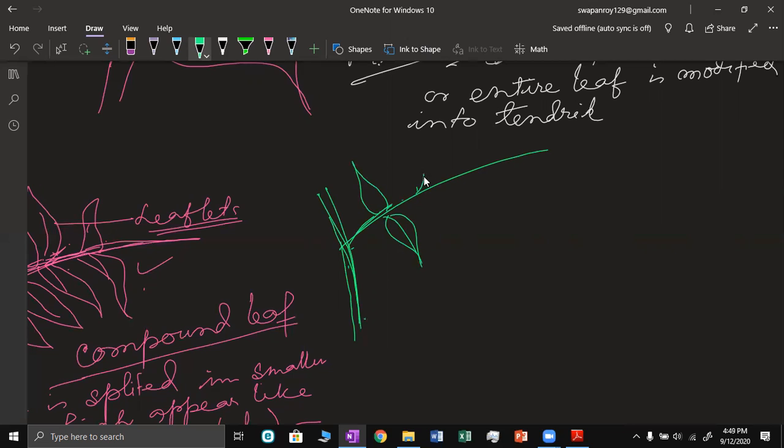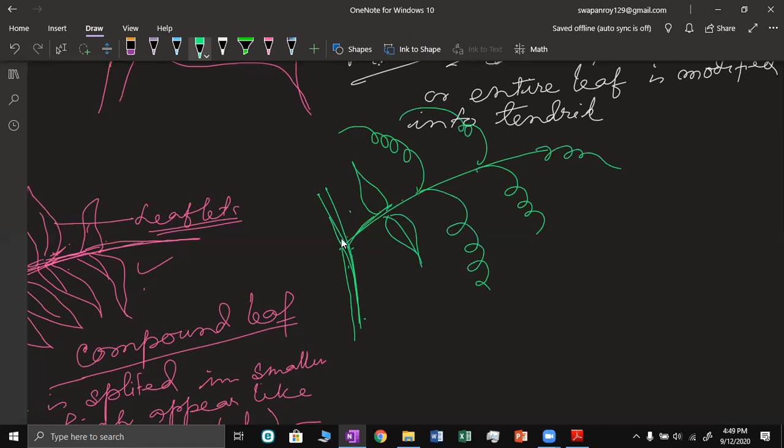But some of the leaflets are modified into coil-like structures.